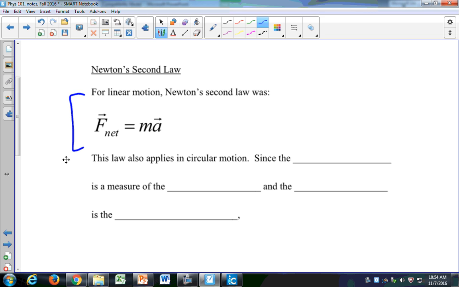Now, just to remind you, where we had x before, we now have theta. Where we had v before, we now have omega. Where we had a before, we now have alpha. Where we had F before, we now have our torque. Our torque is sort of like an angular force. We can think of it in that way. And where we had mass before, now we have I. This is our moment of inertia.